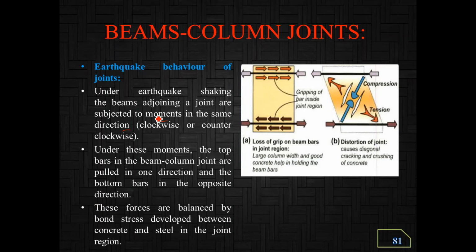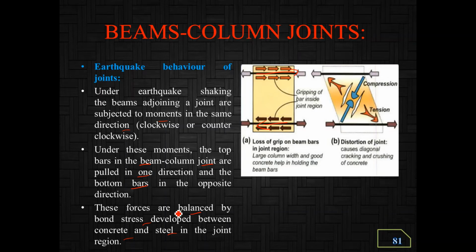Under this moment, the top bars in the beam joint are pulled in one direction and the bottom bars in the opposite direction. So at the junction, we find two different types of forces in two different directions. These forces are balanced by the bond stress developed between concrete and steel in the joint region.